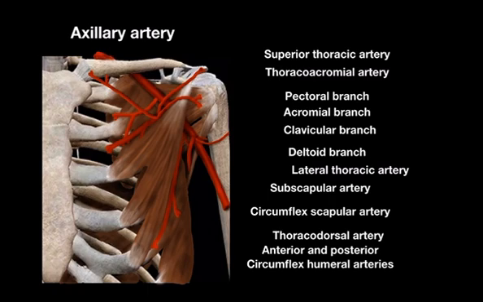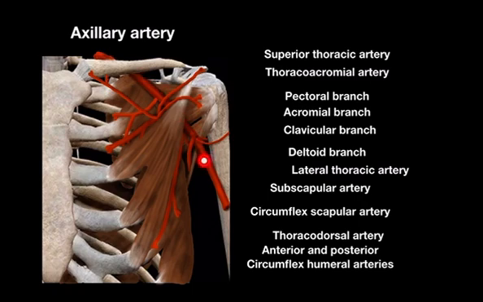Now, the deep relations, you can see that the first part of the artery lies on the first two digitations of the serratus anterior muscle, and second part of the artery lies on the subscapularis muscle, and the third part lies on subscapularis, teres major and levator scapulae muscles.